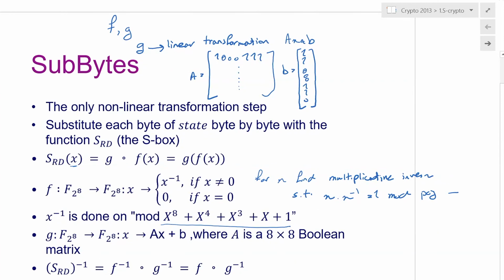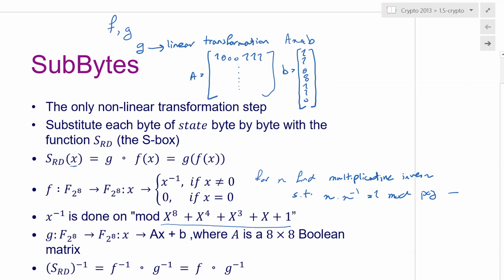So again, one more time, I go through this. In order to compute the substitution box, the substitution box has two parts. The first part, we have to compute the inverse of the input polynomial, the input byte. We know that there's an algorithm, which we discuss later, that will find it, and it is invertible. Once we find this, we input that one to this linear transformation.